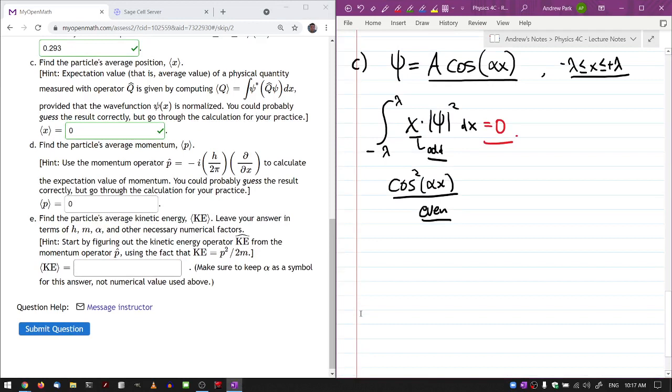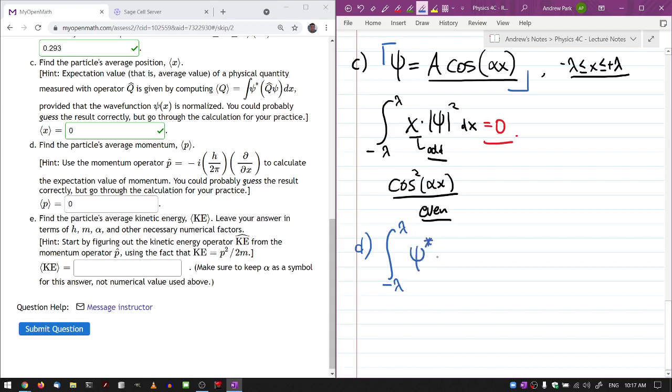So here, it takes a little more step than in C to give the correct mathematical justification. You actually do need the expression for psi, because in the case of the momentum operator, you do have to start out with the operator sandwiched between the wave function.